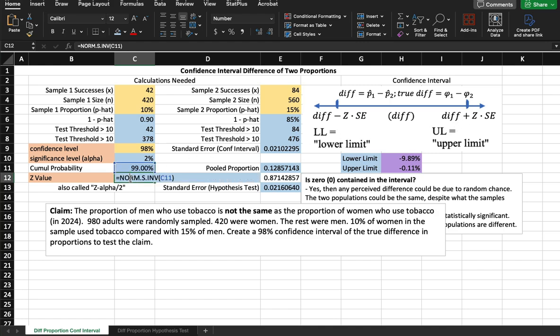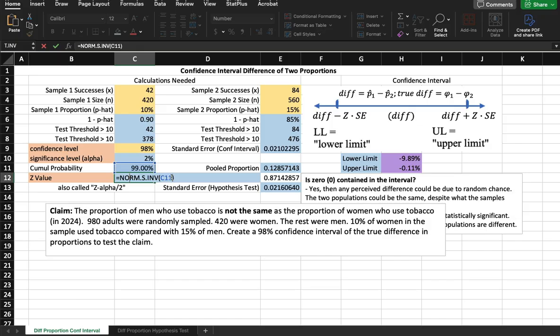So this is going into cell C12 now, column C, row 12, and that's equals NORM.S.INV, parentheses C11.